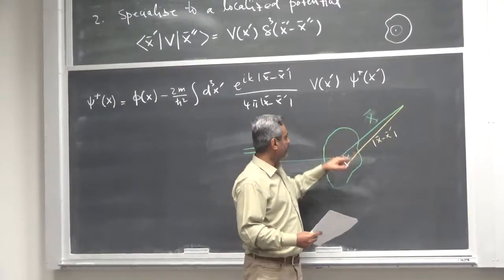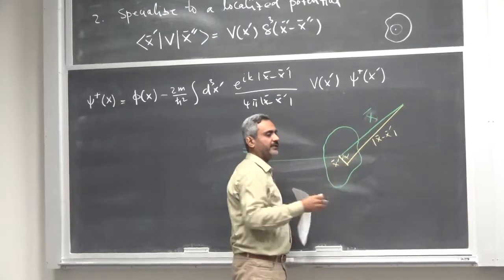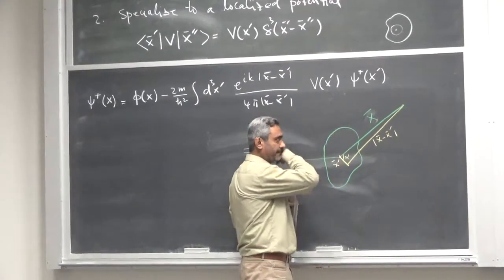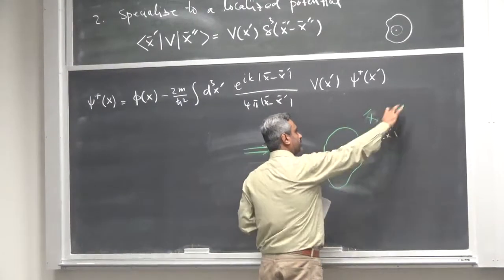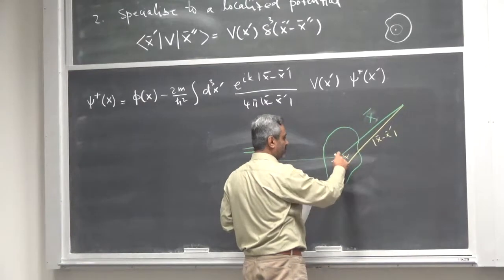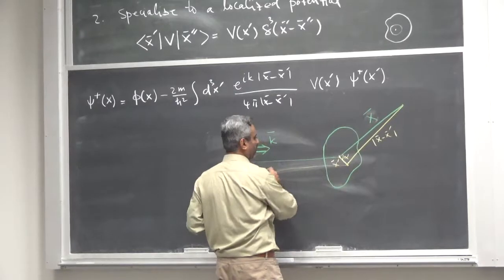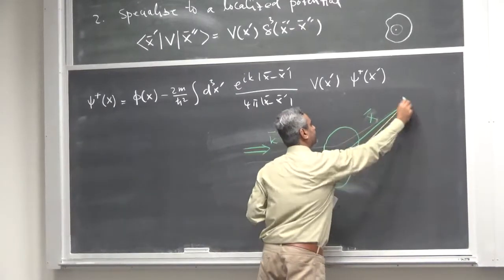This is R. This is the origin. There is nothing special about it. This is, let's say, the scattering center, whatever place, and then this thing is X, and if you're coming along this direction, you're scattered in this direction. If you're coming here, you will be scattered like this.